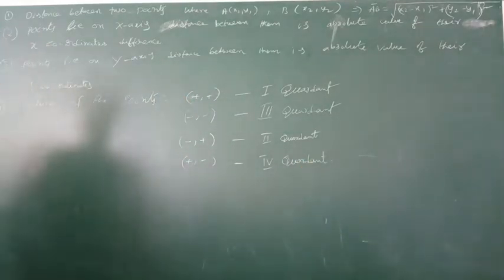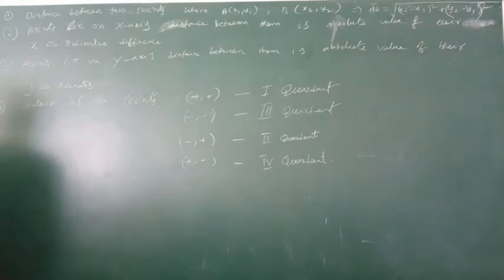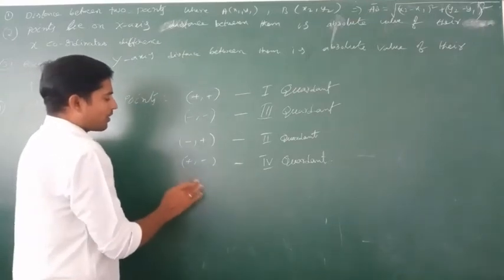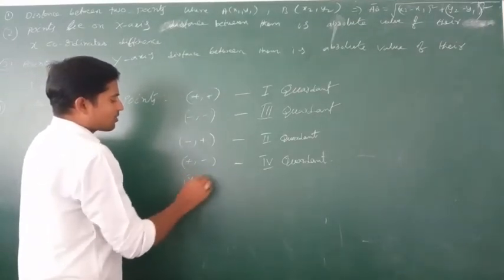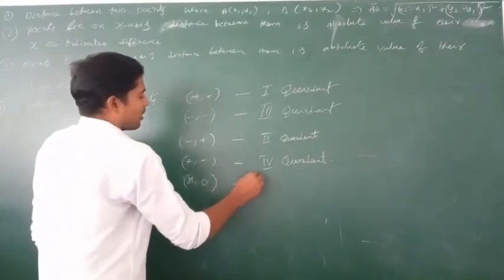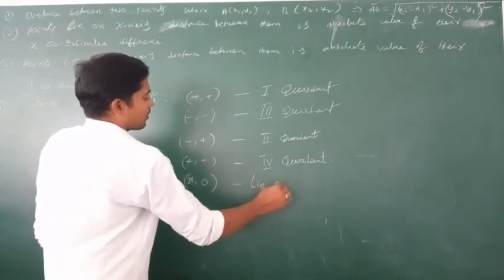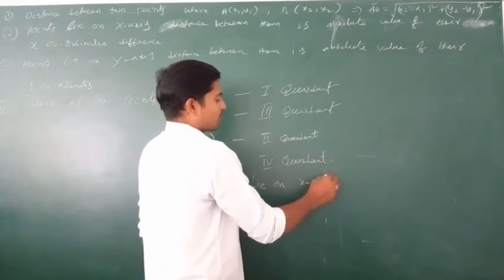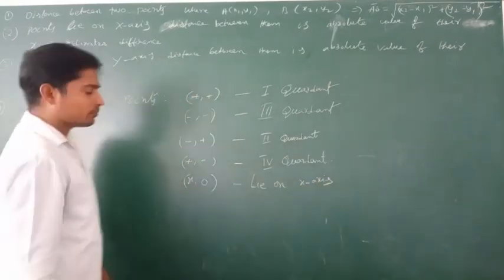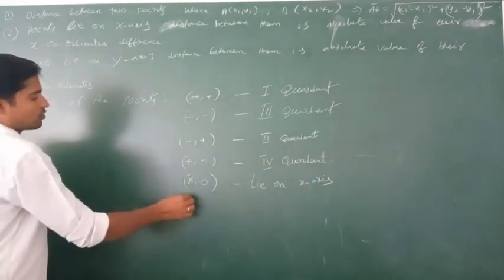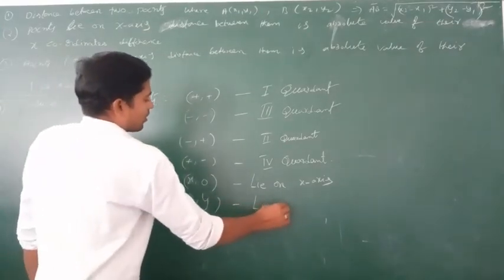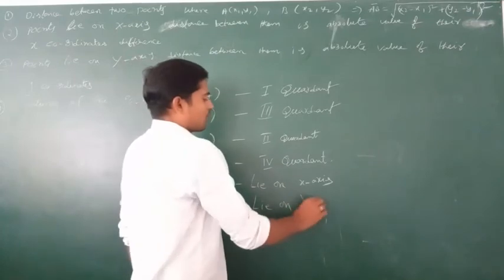And if the y coordinate is 0, (x, 0) lies on the x-axis, right? (0, y) lies on the y-axis.